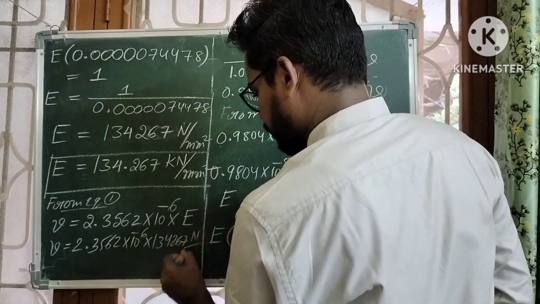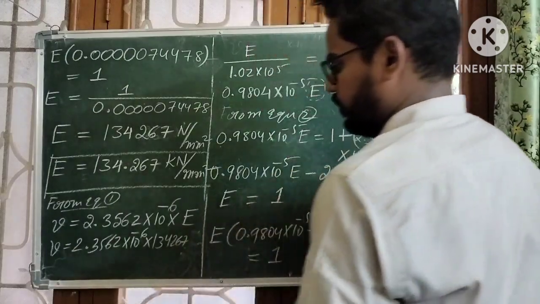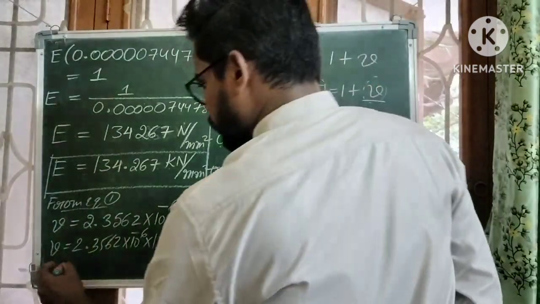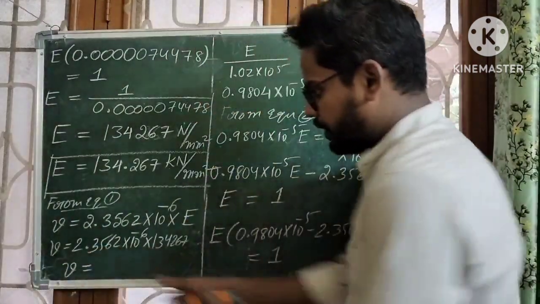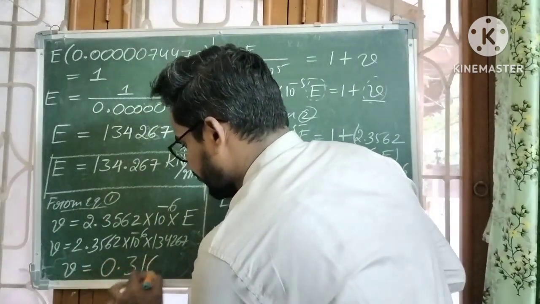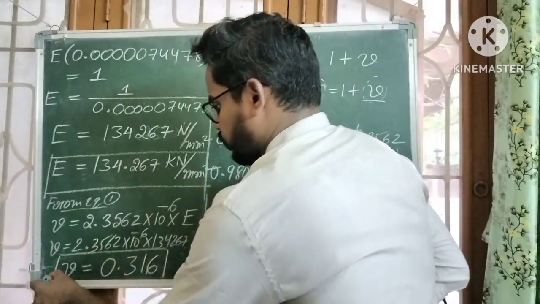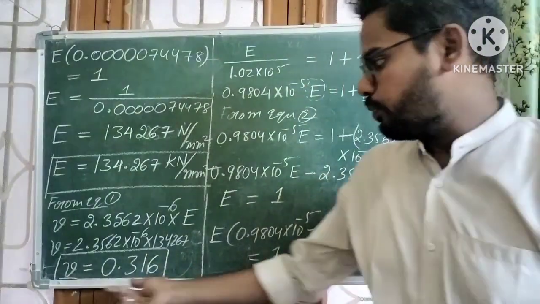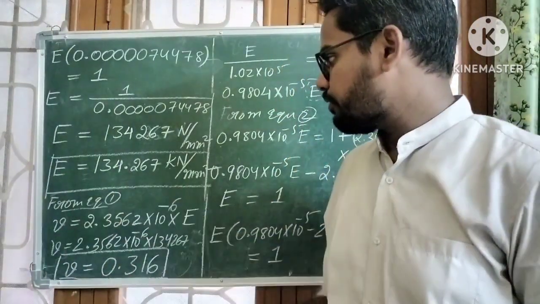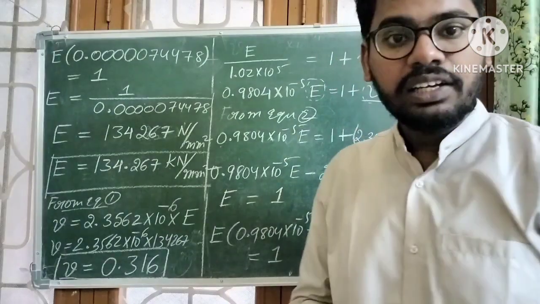No need to write units here because nu has no units. So finally nu is equal to, if you multiply, you will get the final value as 0.316. So Poisson's ratio is equal to 0.316, and we got Young's modulus 134.267 kilonewton per mm square.